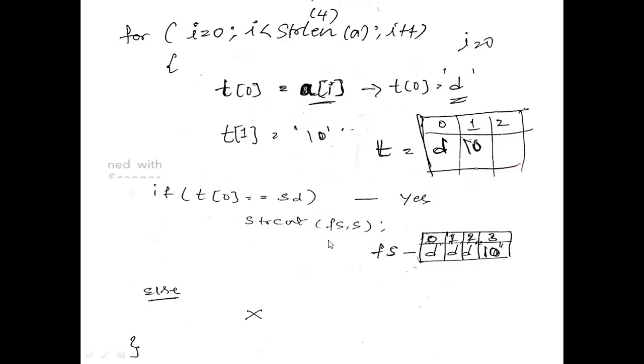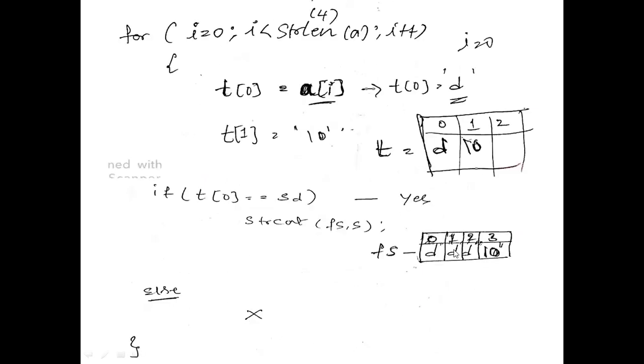Concatenation and append mean the same. You're appending s to fs, which results in this string. A d you already inserted at the previous statement. Now, as the condition is satisfied, you are adding double d, which gives the effect of adding two d's.